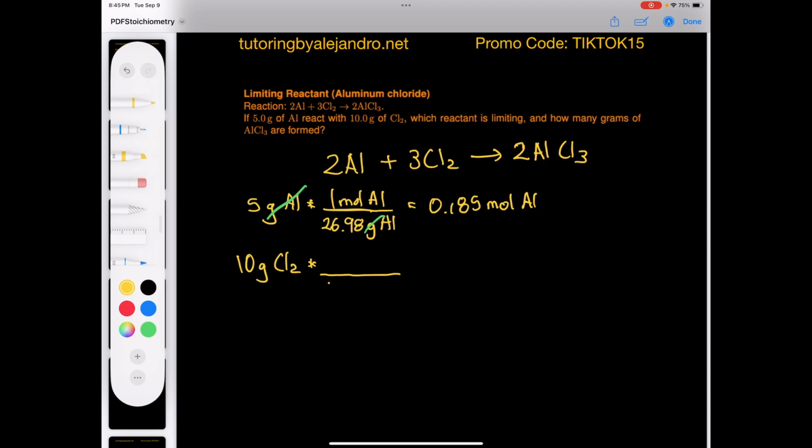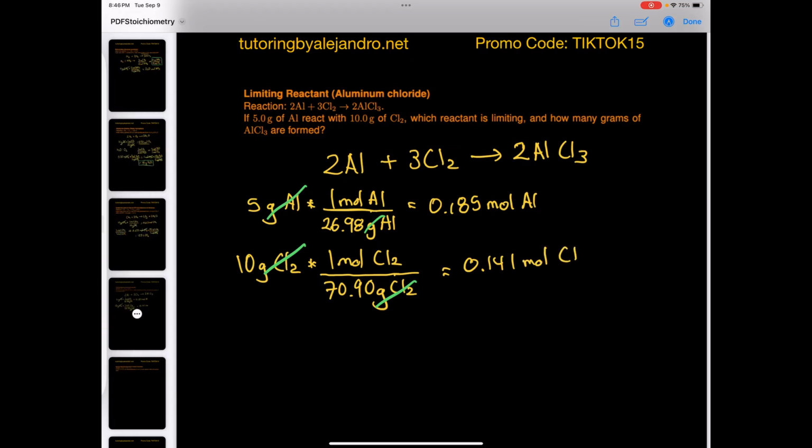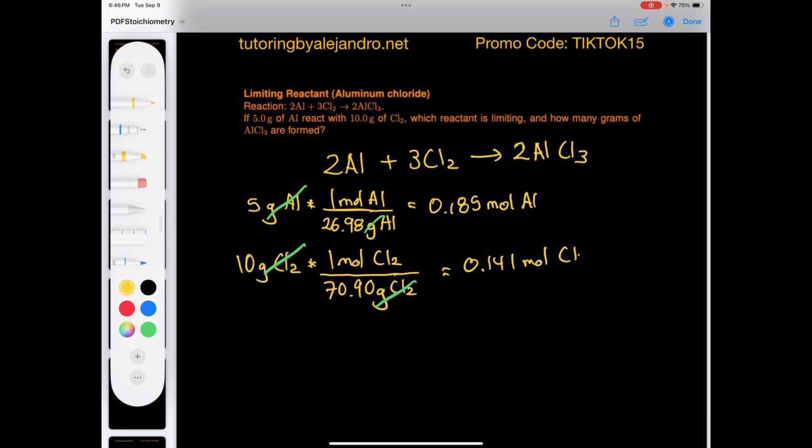Okay, so I have that 1 mole of Cl2 has 70.90 grams of Cl2. And like we did with the aluminum, the grams cancel out. We divide 10 by 70.90, and that gives us 0.141 moles of Cl2.